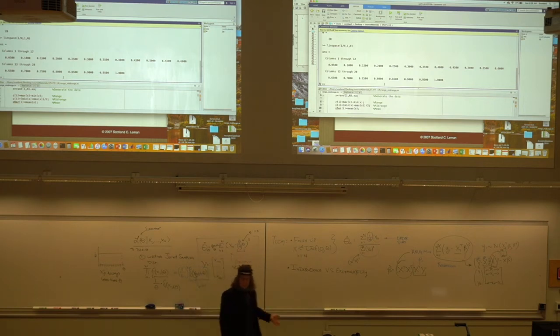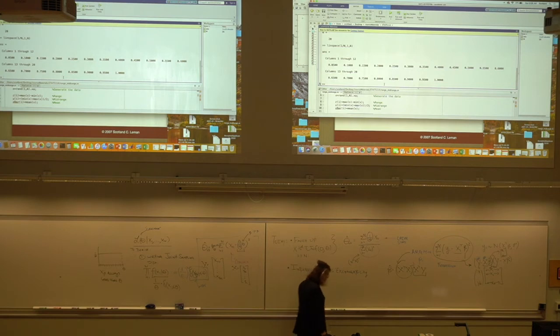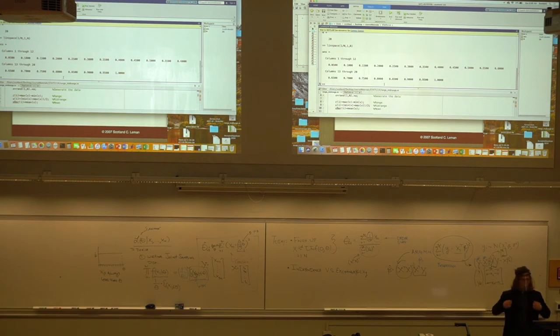So it's just 1 over n, 2 over n, 3 over n, and I invoke a function to do that. So if you ever have somebody's code and you want to know what it is doing, you do the same thing everybody else does. You dissect it, and you just print out what that line did. And then you'll know. Or you can type in help into the command window, and it'll give you a help box.